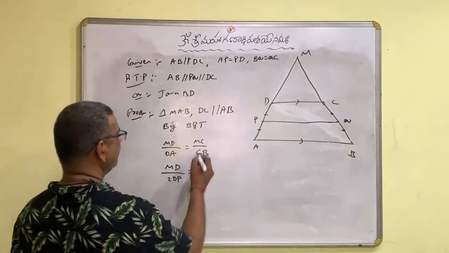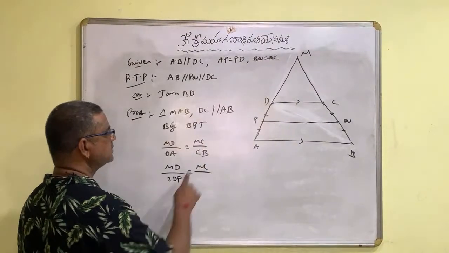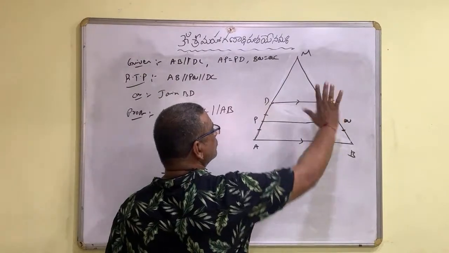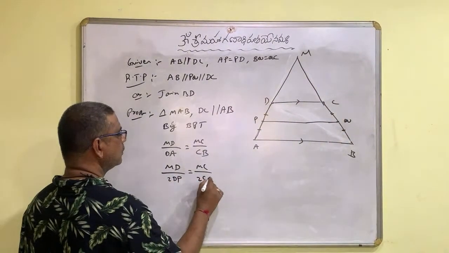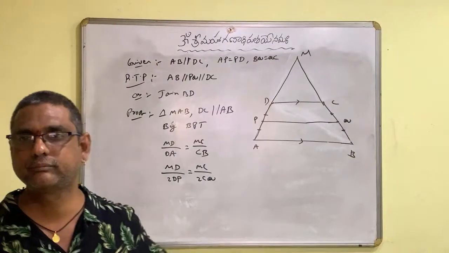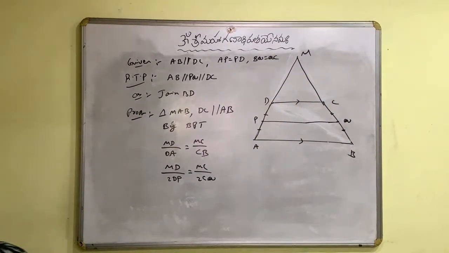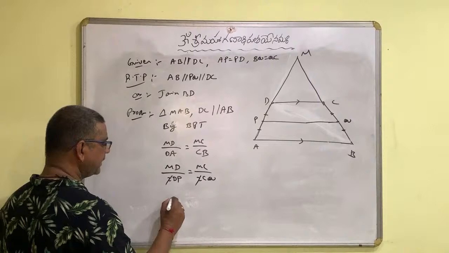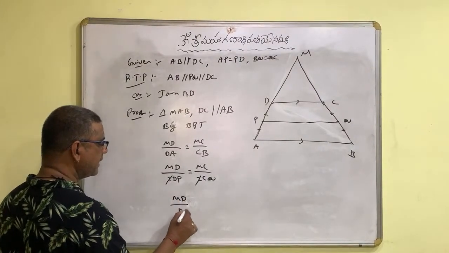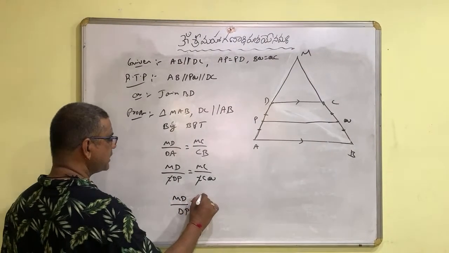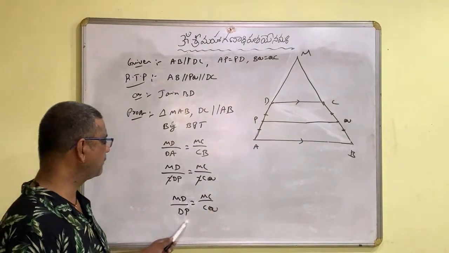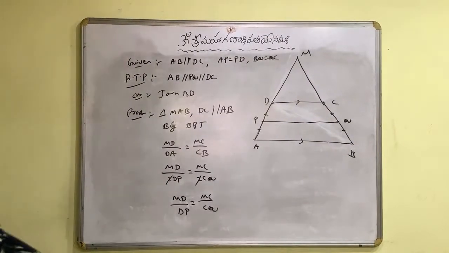In the same way, CB I will write as 2CQ. Now the 2 gets cancelled. What is remaining? MD by DP is equal to MC by CQ.